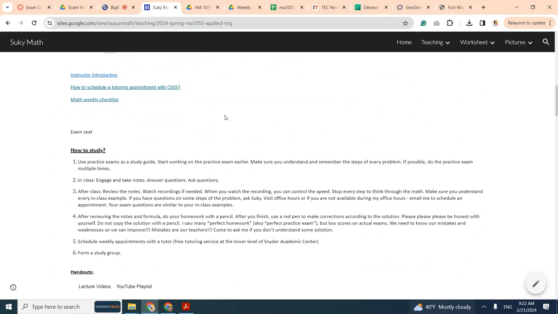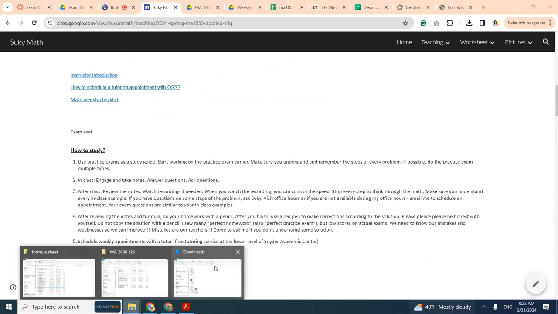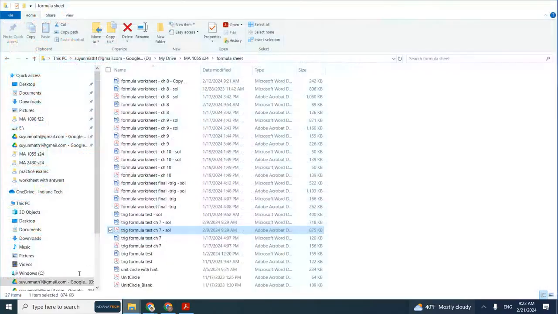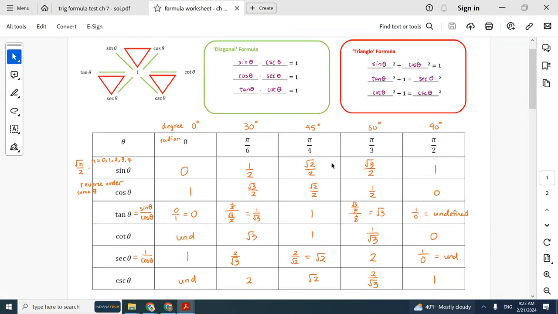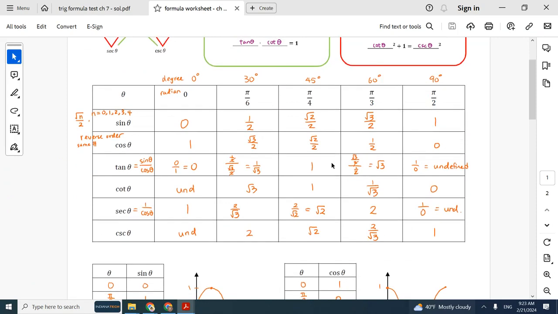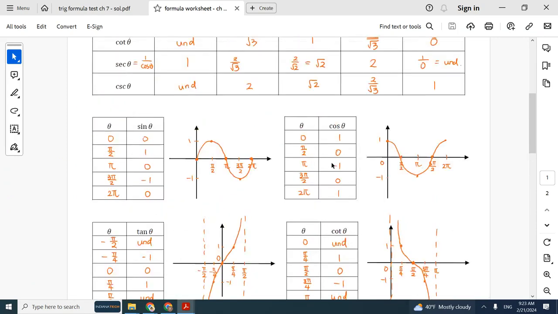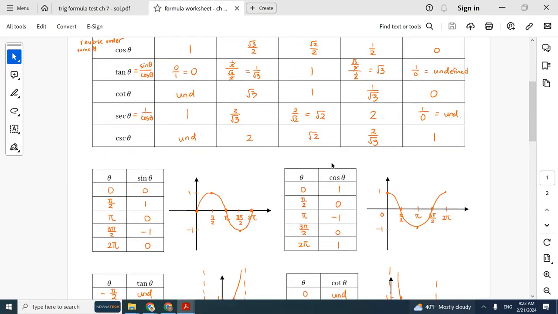And remember those 5 key points. Okay. So for this chapter, we have the formula sheet of chapter 8. Okay, this is very important. And yeah, you need to memorize those.